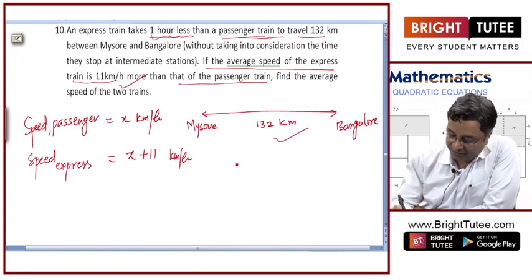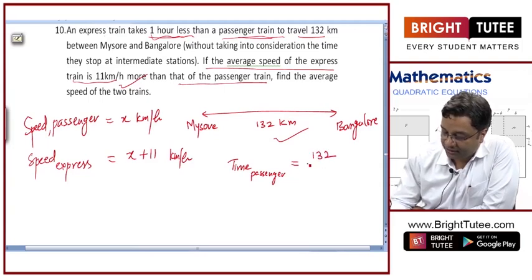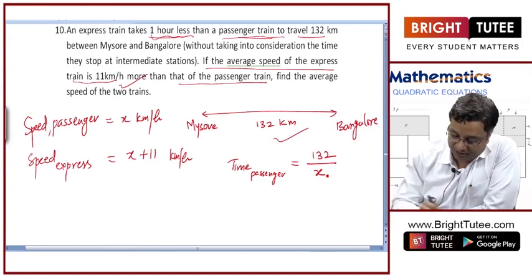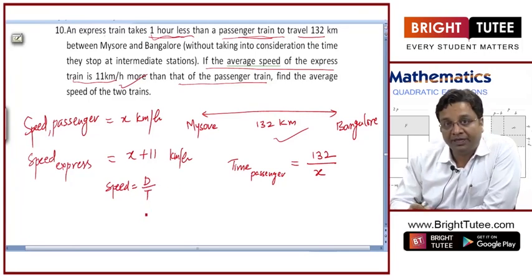So how much time is taken by the passenger train? It is equal to distance divided by the speed, right? Because speed is equal to distance upon time, so the time will be distance upon speed.